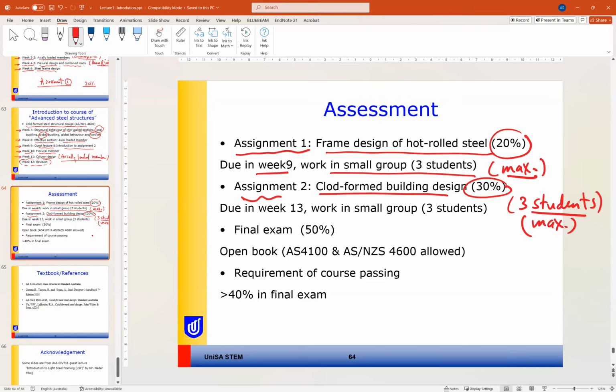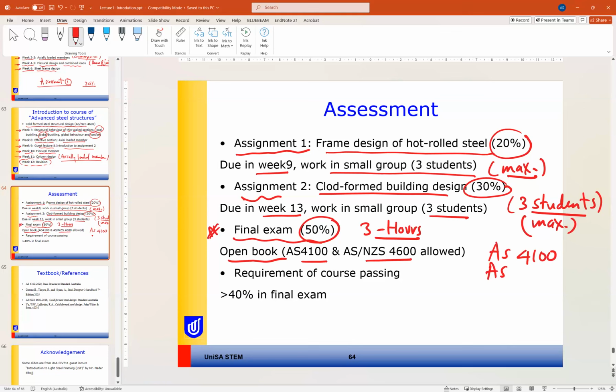Usually it will be same group of assignment 1, which is due in week 13. The final exam, which is 50% of the course, it will be 3 hours exam, open book exam using the Australian standard AS 4100 and AS 4600. You should have a copy from the two standards as soon as you can.